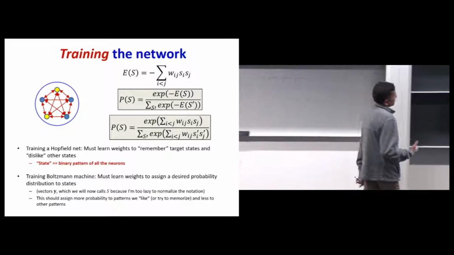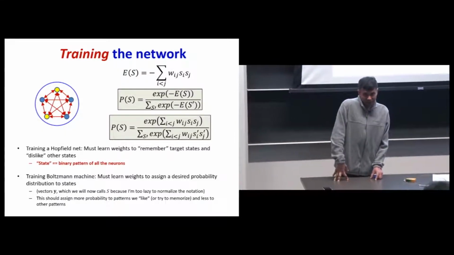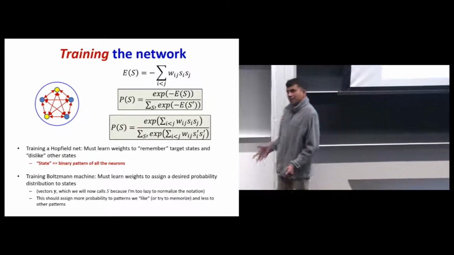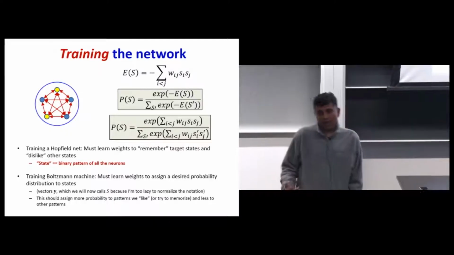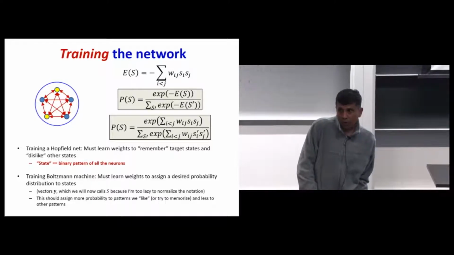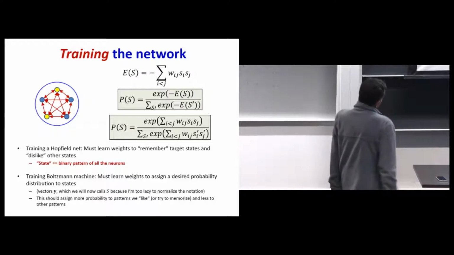For training the network, you must learn the weights to remember target states, and to dislike non-target states. In other words, you want to assign a very high probability to the memories that you want to store, and a low probability to the stuff that you do not want to store, right?